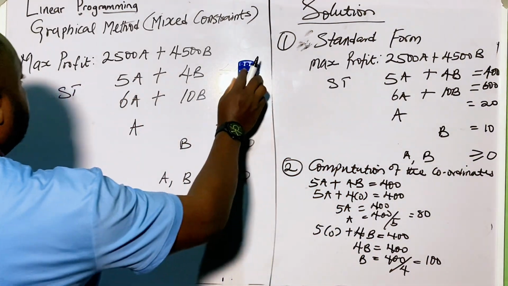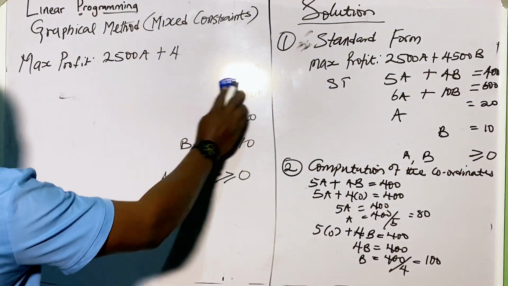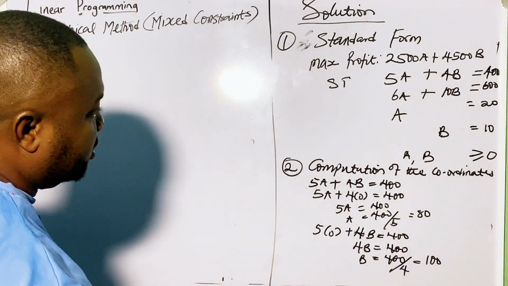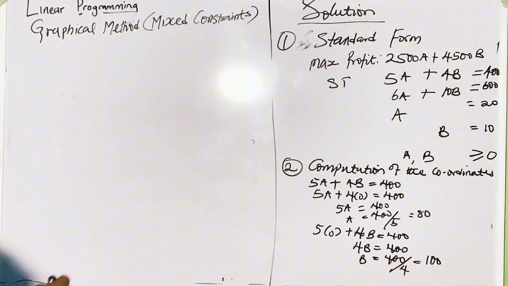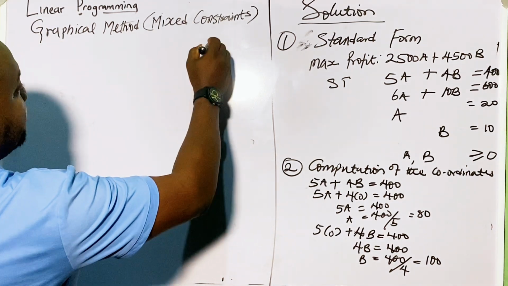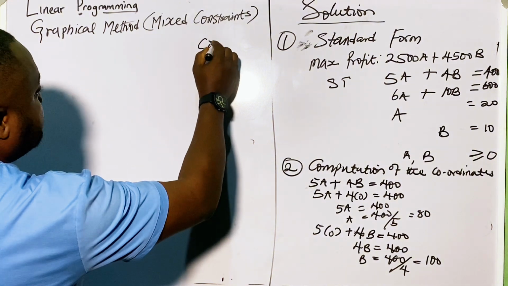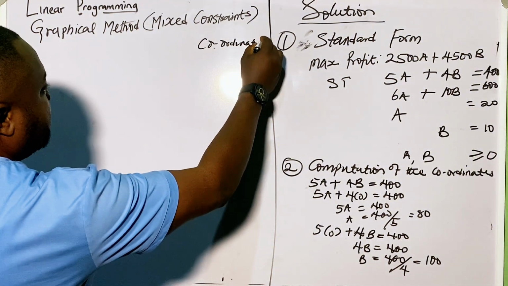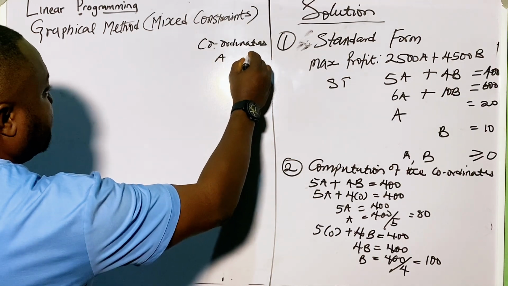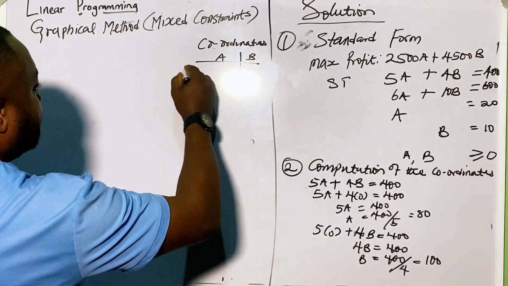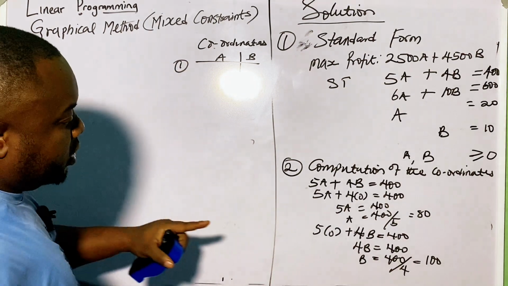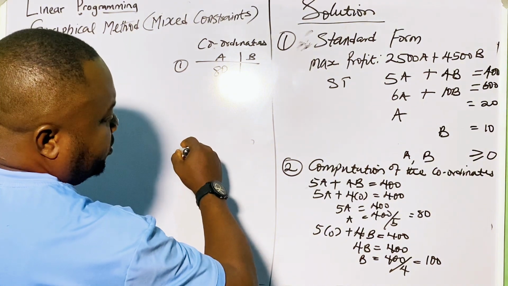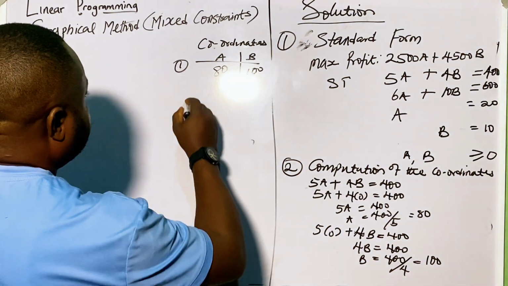Now we'll clean this off and use it to compute our remaining coordinates. So let me record it here. Our coordinates: we have A, we have B, for 1, when A is 80, B is 100.